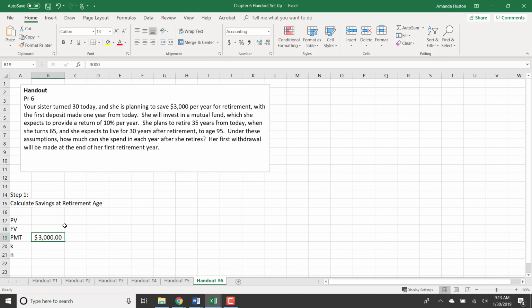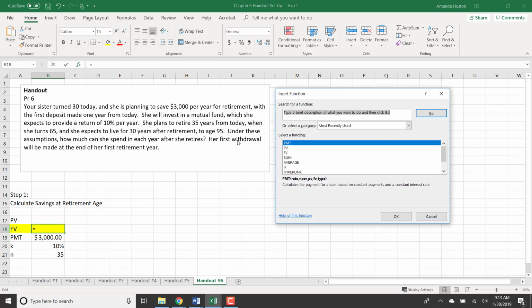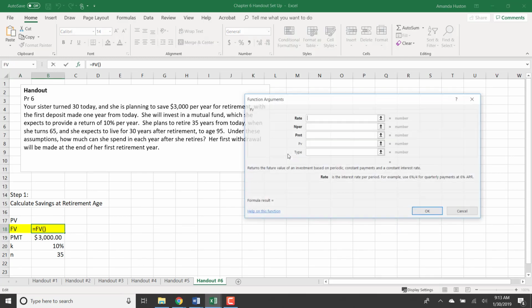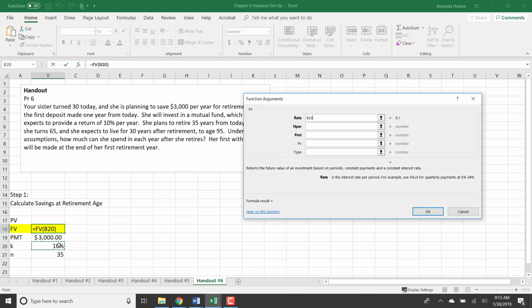Ordinary annuity, because she's doing it at the end of the year. She's investing in a mutual fund that's going to return 10% per year. And she plans to retire 35 years from today. So we want to solve for future value for this first step. Future value. So I'm selecting it off my list over here instead of searching it. So my rate is 10%.